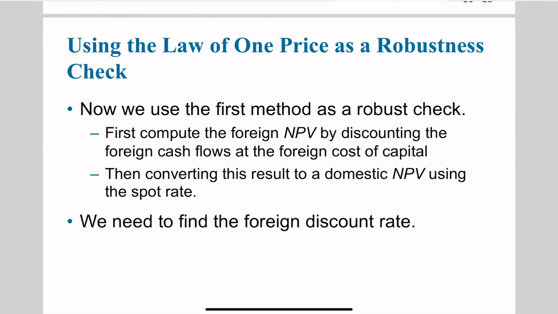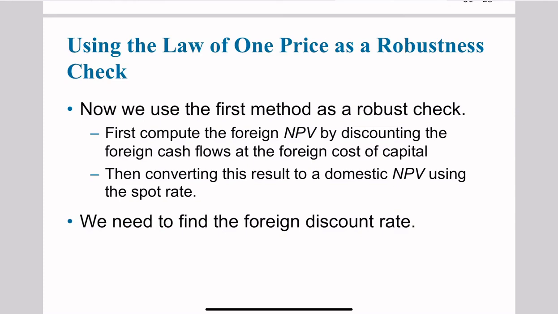Okay, now we go back to the first method. Recall that the first method says you will first discount the UK's cash flow using the cost of capital in the UK, and then you will get the present value in UK currency, in pounds. And then you will convert the present value in pounds to present value in Canadian dollars using the spot exchange rate.